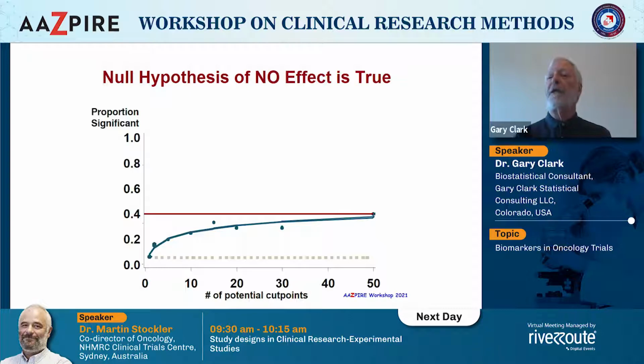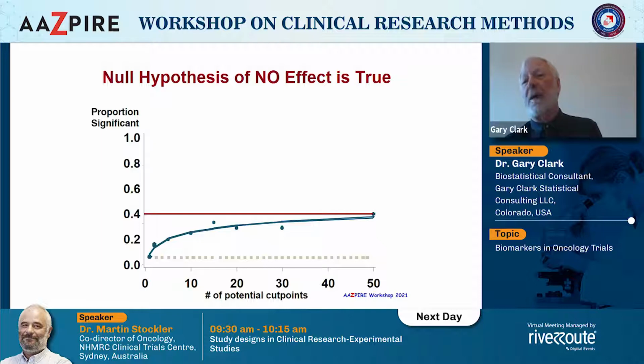And as the number of potential cut points increased, the number of false positives also increased, such that by the time we got to roughly 50 possible cut points, the false positive rate was 40%. So 40% of the time the computer identified a, quote, statistically significant cut point that really does not exist.